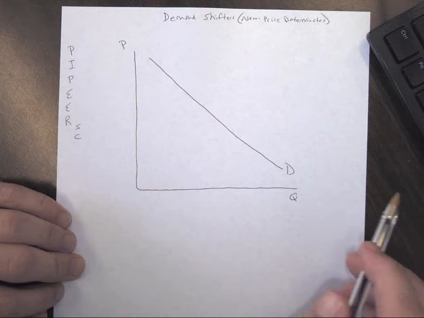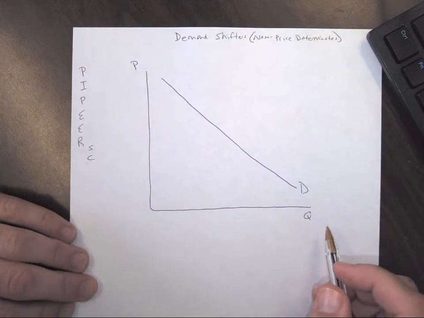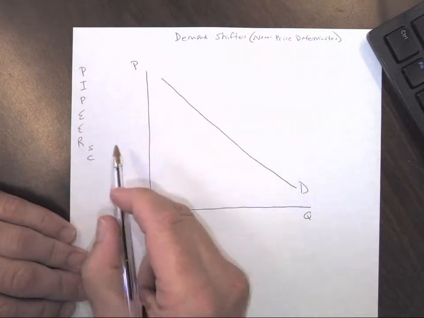So those non-price determinants are going to be listed as an acronym called PIPER.